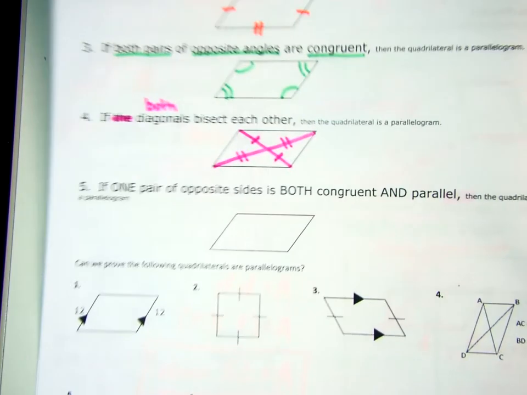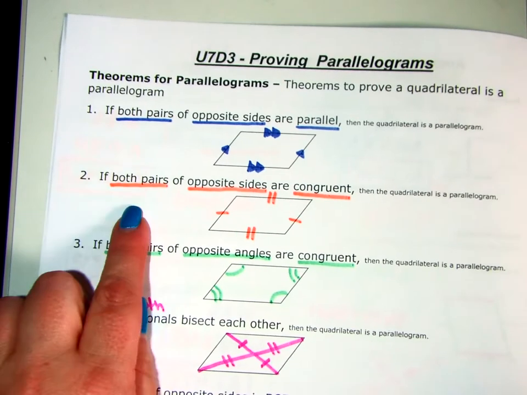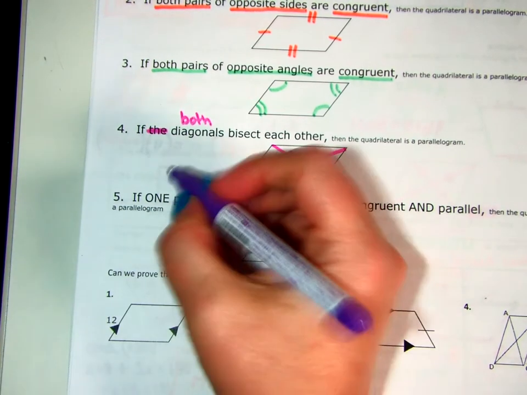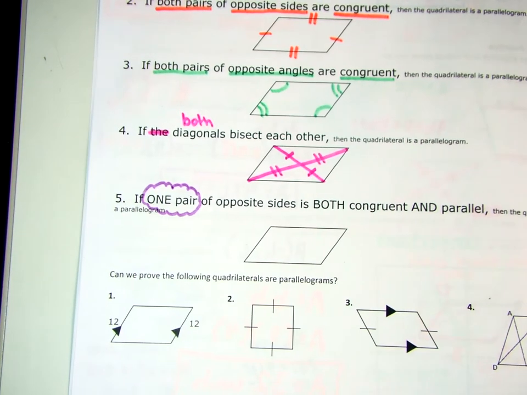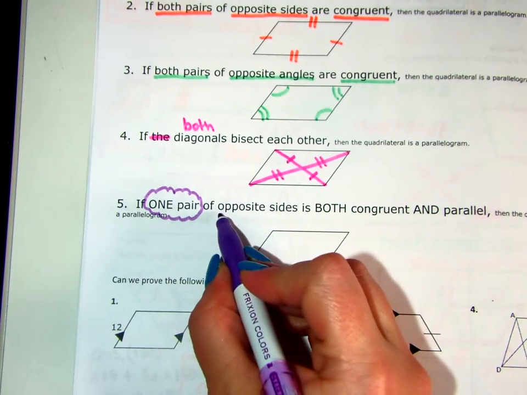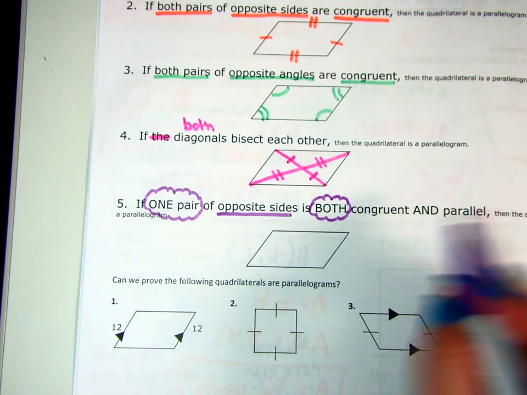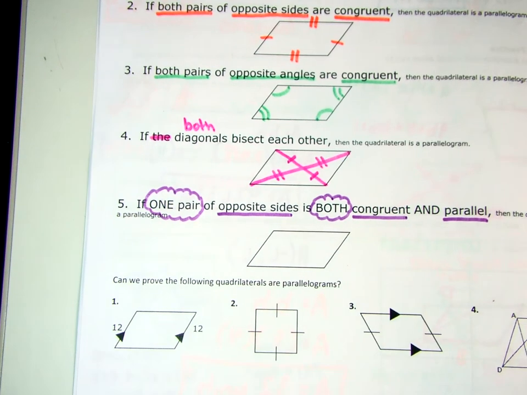And then last but not least, this one is like the weird different one, because everywhere we said if both pairs, if both pairs, if both pairs, if both diagonals, and now all of a sudden we're just looking at one pair of opposite sides is both congruent and parallel. So that one pair has to do both of those things.